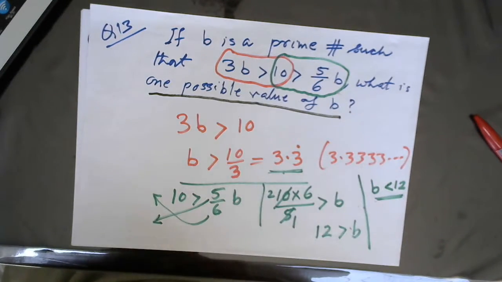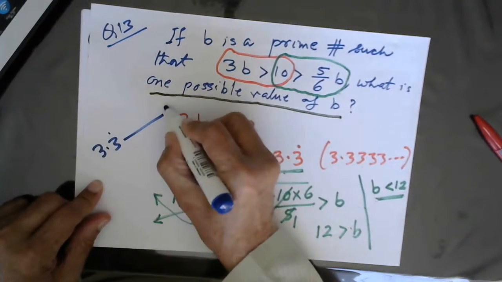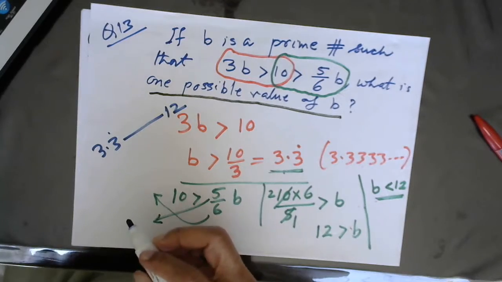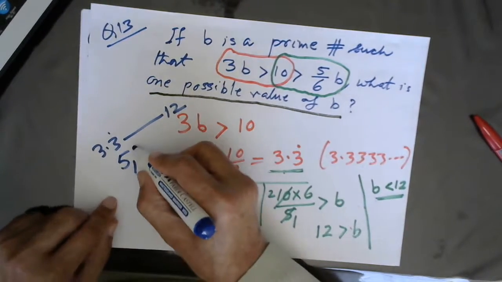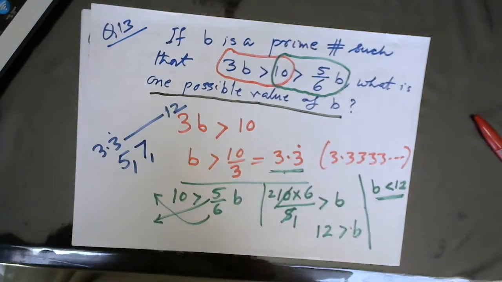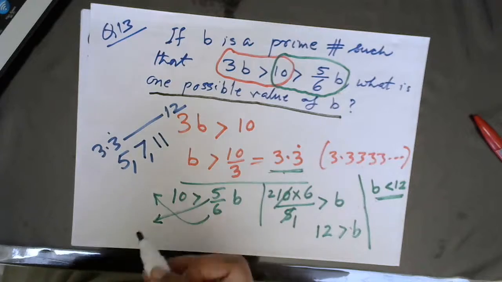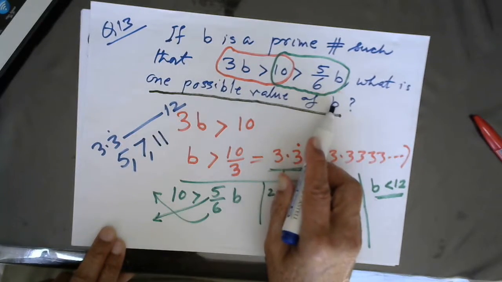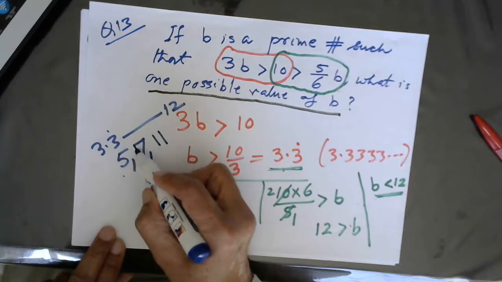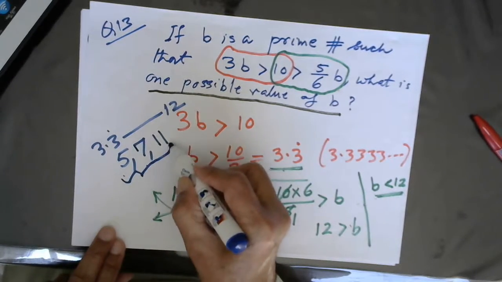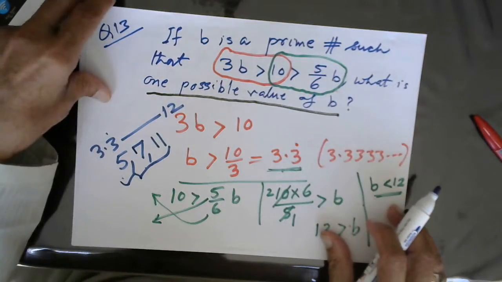Now between 3.3 and 12 we have got 5 as one prime number, 7 as another prime number, and 11 as one more prime number. So we were required to find one possible value of b, which you can say either 5 or 7 or 11. Anyway, these are the three prime numbers which will satisfy this inequality. I hope it is clear.